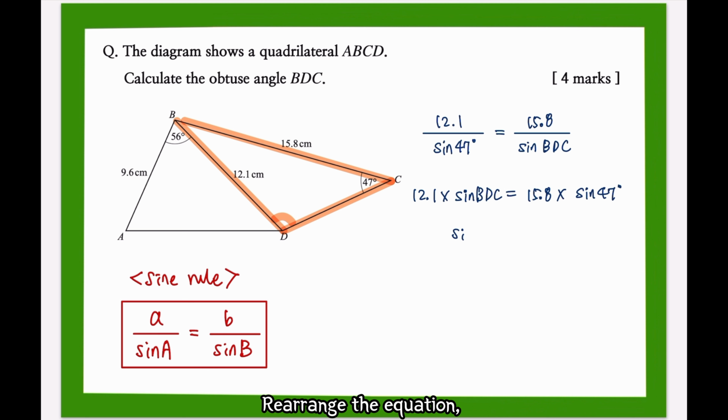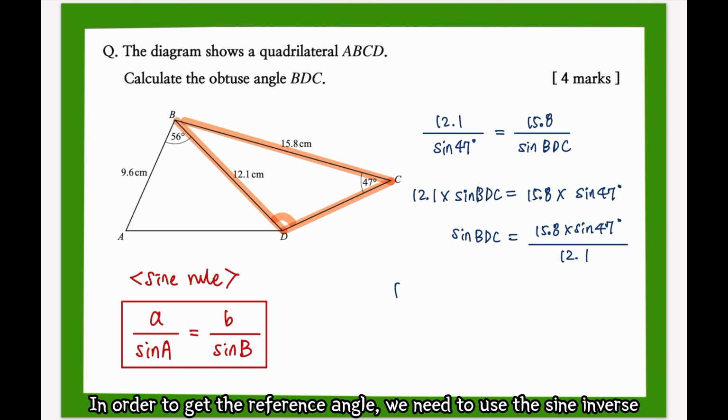Rearrange the equation, we get sine BDC is equal to 15.8 times sine 47 over 12.1. In order to get the reference angle, we need to use the sine inverse.